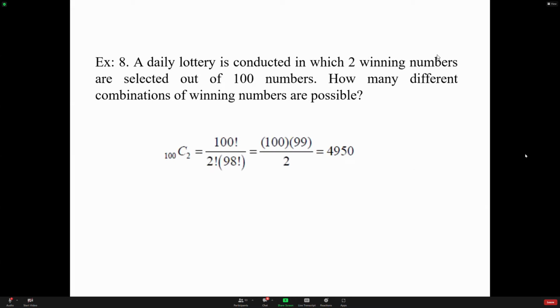All right, now let us look at this example here. So this is again counting rules. Here a daily lottery is conducted. There are 2 winning numbers out of 100 numbers. So here n is 100.